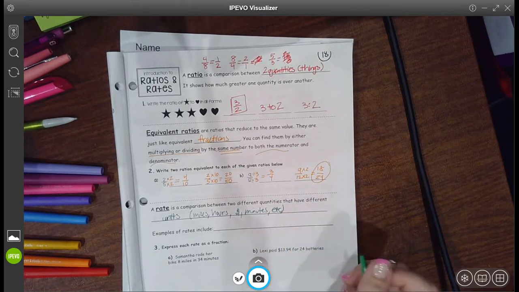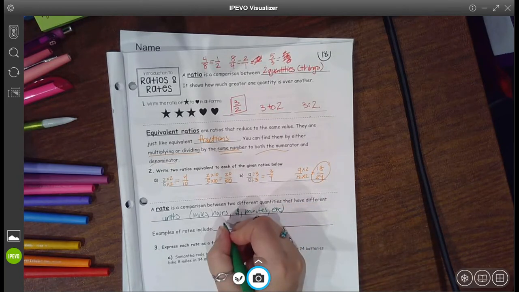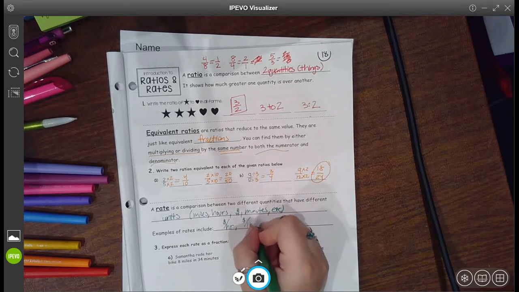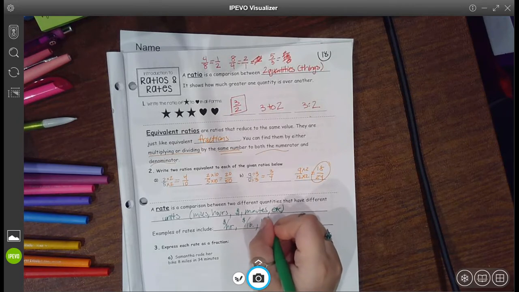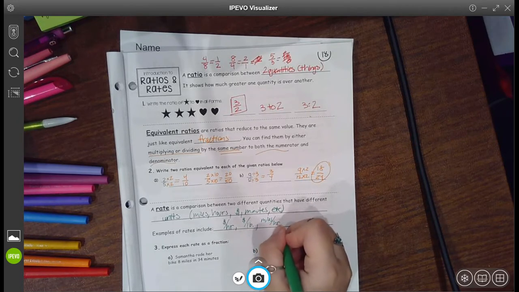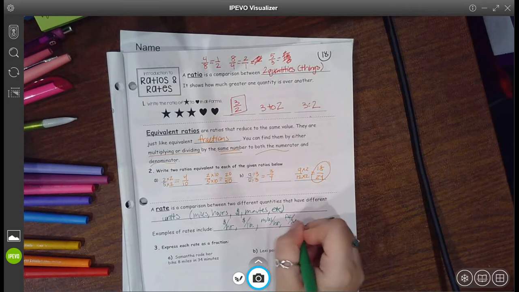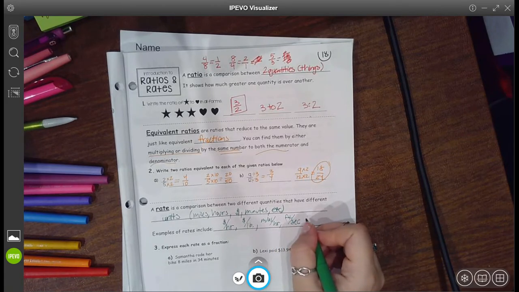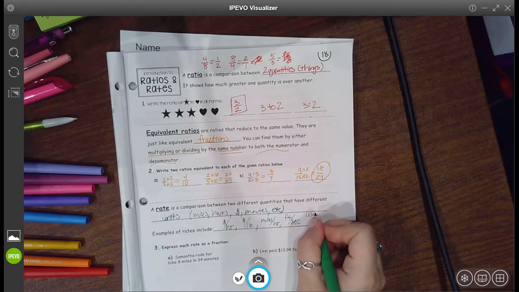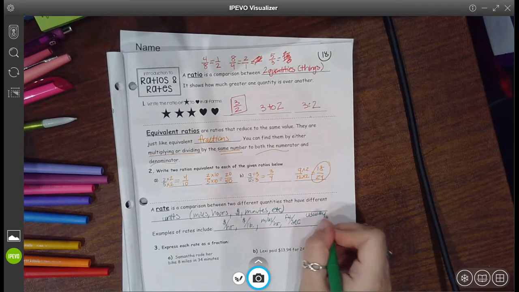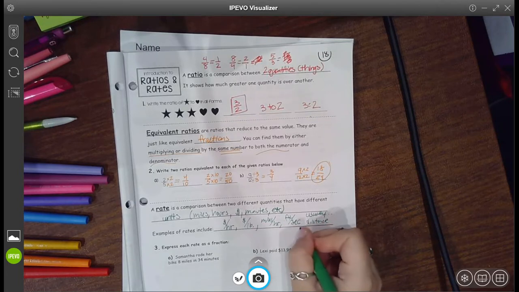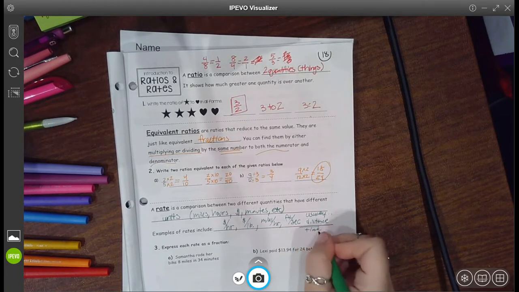And examples of some rates would be how much money you earn per hour, or how much it costs per pound, or how many miles something goes per hour, or how many feet per second somebody can run, anything like that. And then, hint, remember that usually, not always, but usually, distance will go over time if you're stuck.